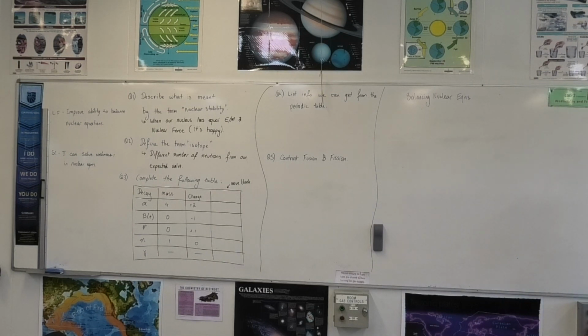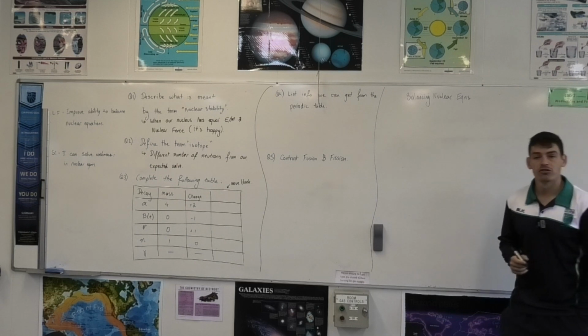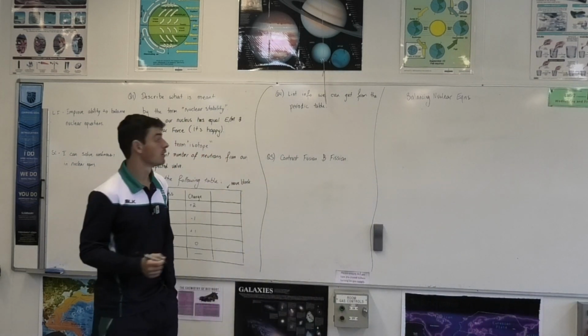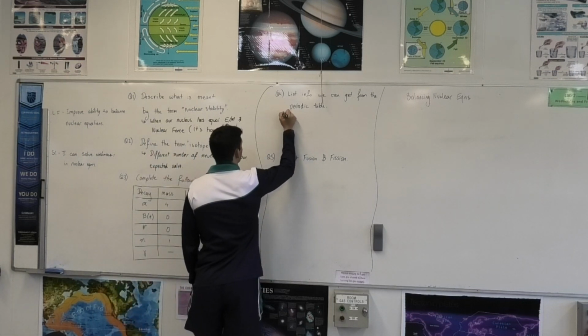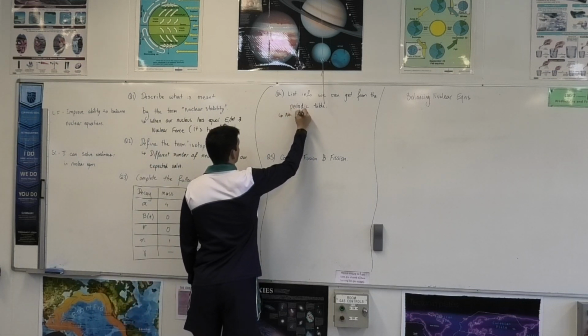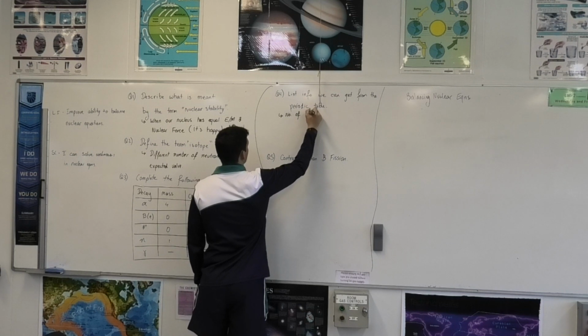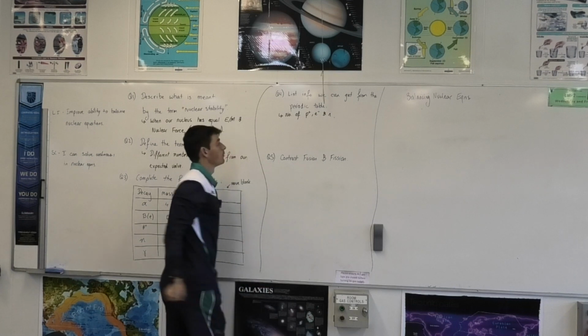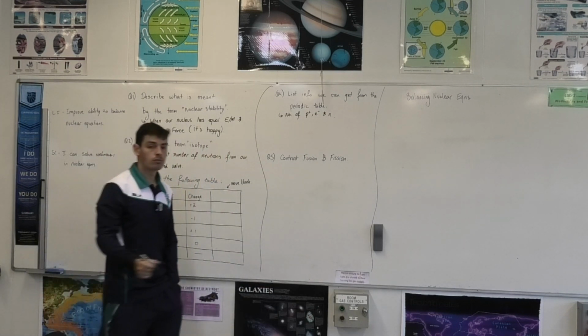What info can we get from a periodic table? It's a pretty powerful tool. All info, not just in nuclear physics. Yep, you can get subatomic particle numbers. What else?